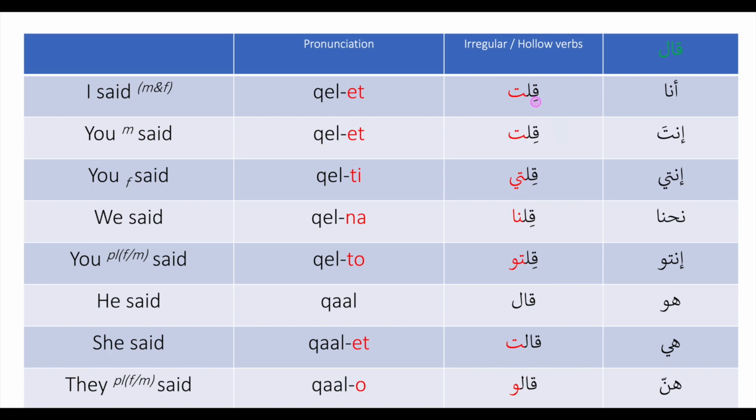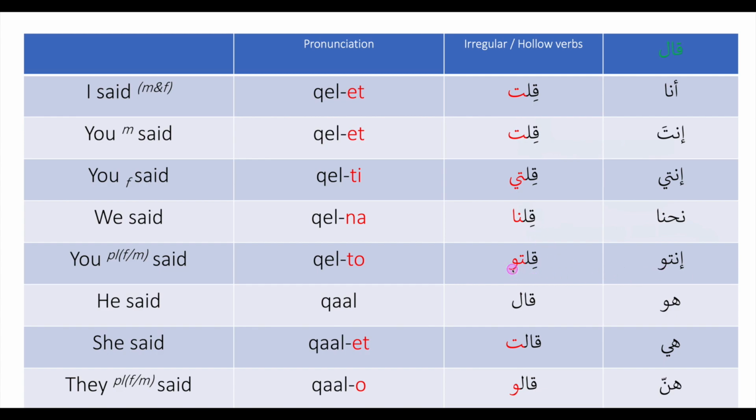Then you will go ahead and add the same red colored suffix, as you see here on the screen, to the end of every verb, because without it, the verb is incomplete and would not mean anything. So we would say, أنا قلت, أنت قلت, أنتِ قلتِ, نحن قلنا, أنتم قلتوا.